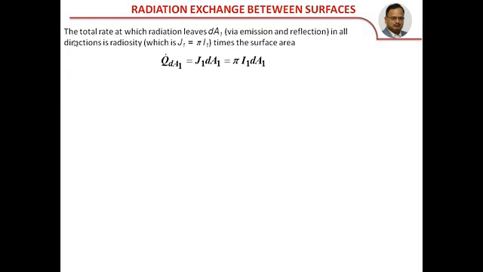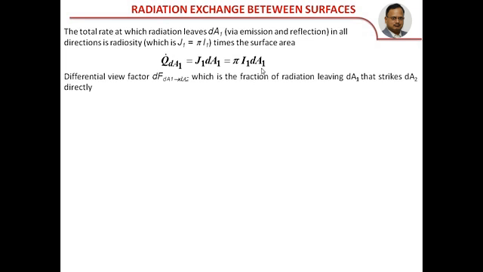The total rate at which radiation leaves dA1 in all directions is called its radiosity, that is pi times the blackbody intensity, or J1 is pi I1, times the surface area. So Q from that elemental area dA1 can be written as J1 dA1, which is also equal to pi I1 dA1.